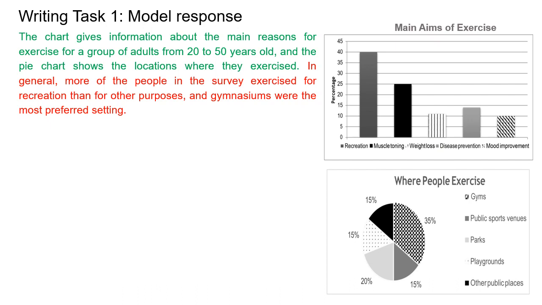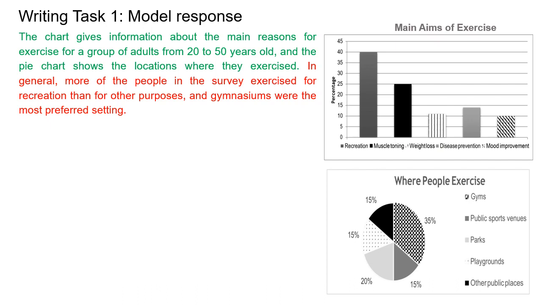And even though we know the numbers that other purposes stand for, such as 25% or a quarter for muscle toning, around 15% for disease prevention, about 10% for weight loss, and 10% for mood improvement, these figures are not mentioned here in the overview statement because an overview statement is a general statement which should not contain specific details.